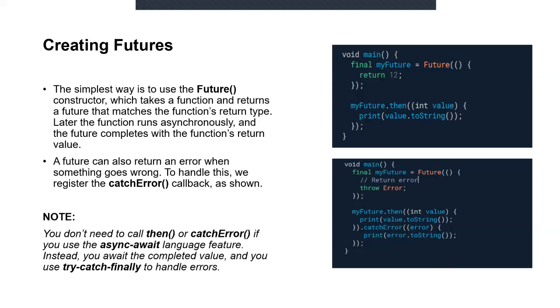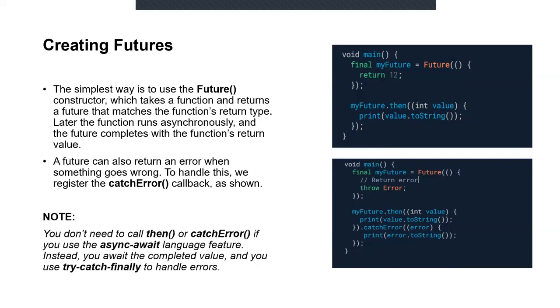The type of this future is determined by the return type of this callback. So the function inside the Future constructor is the one that determines the type of the future. Since we are returning 12 here, we know that our future is a Future of int. So in the future, we're expecting some integer, which here will be 12.